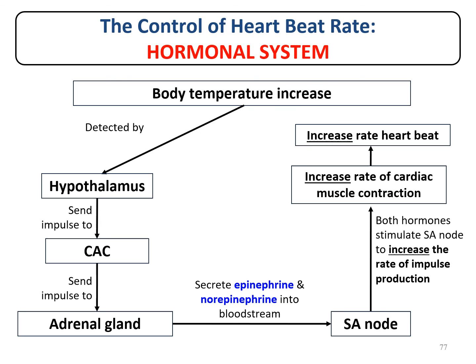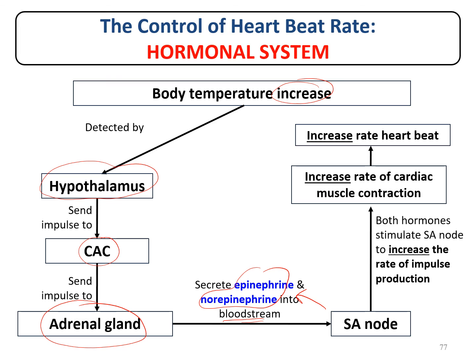For example, when body temperature increases, the hypothalamus detects it, then sends an impulse to the CAC. The CAC will send an impulse to the adrenal glands. Then the adrenal glands will secrete epinephrine and norepinephrine into the bloodstream. When the blood arrives at the SA node, it will detect the presence of epinephrine and norepinephrine.